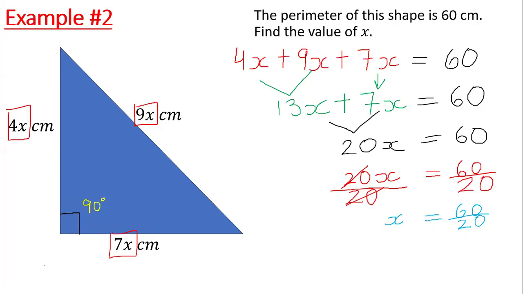Now with 60 divided by 20, we could simplify it to 6 divided by 2. What is 6 divided by 2?